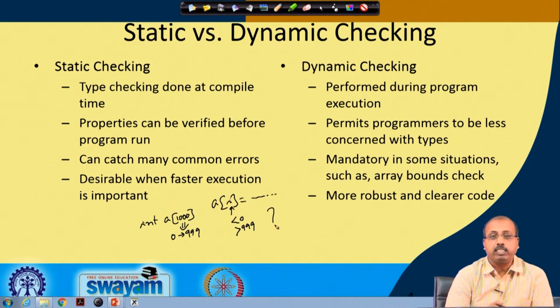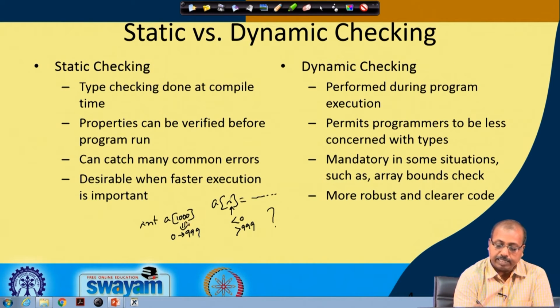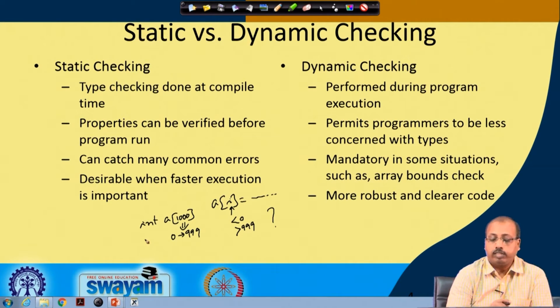Statically you cannot check this, because until the program has run you do not know the value of I. So there is no question of statically checking whether this index is within the limit or not.